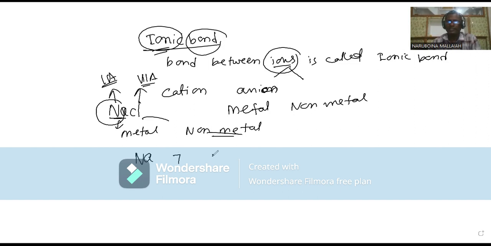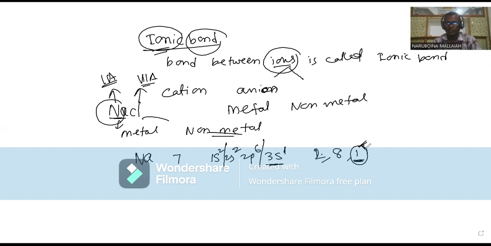It has the configuration 1s2, 2s2, 2p6 and 3s1. This is the second orbit, this is the third orbit. We can write 2 electrons, then 2 plus 6, 8 electrons. Then last we have 1 electron in the third orbit. This is the valence orbit, so we have 1 valence electron in the outermost orbit of sodium.